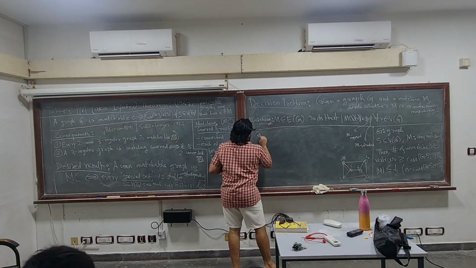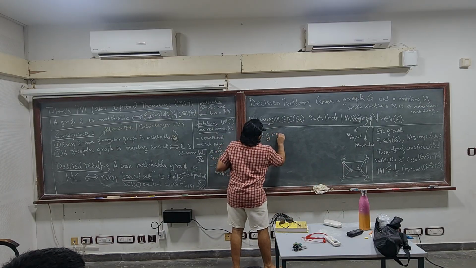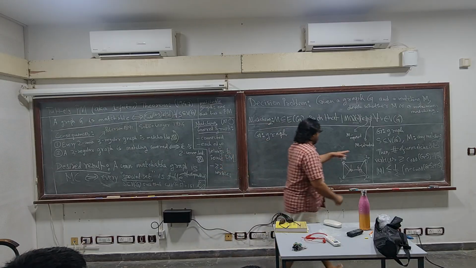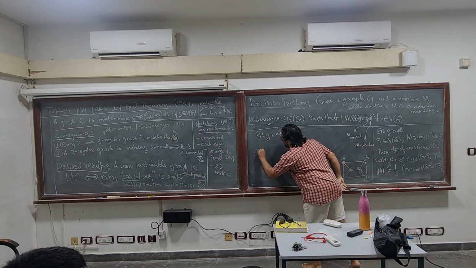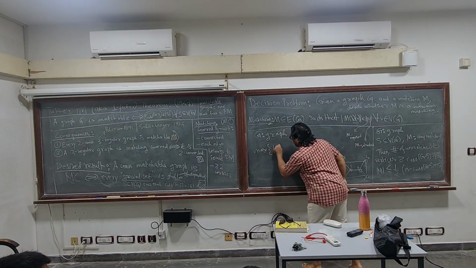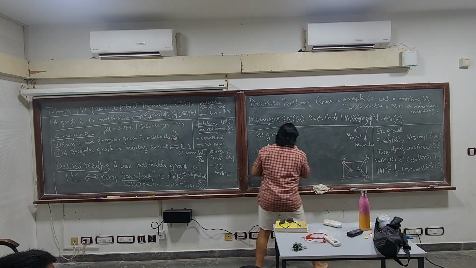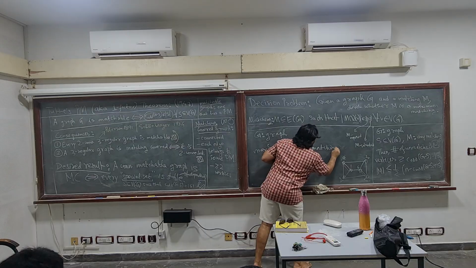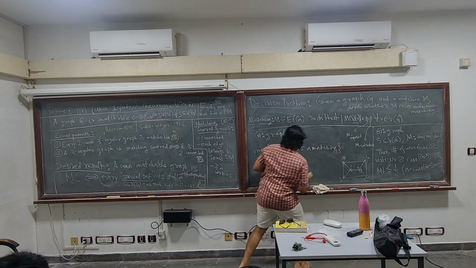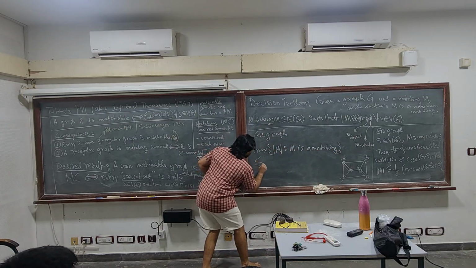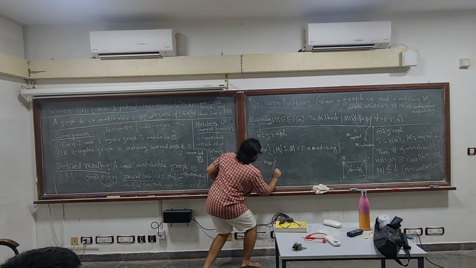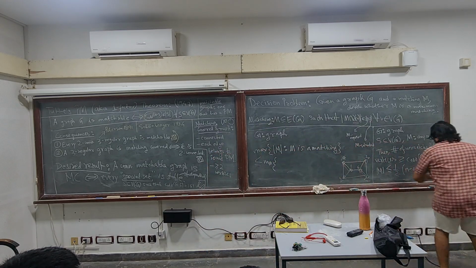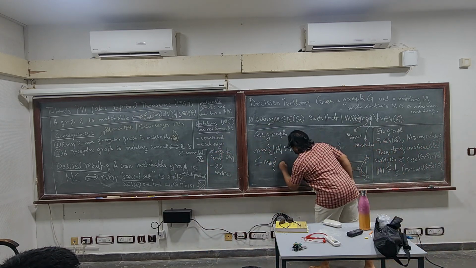Therefore, for any graph G, if I maximize the LHS, I'm taking the maximum over all matchings. This is less than or equal to the minimum of this quantity over all sets.